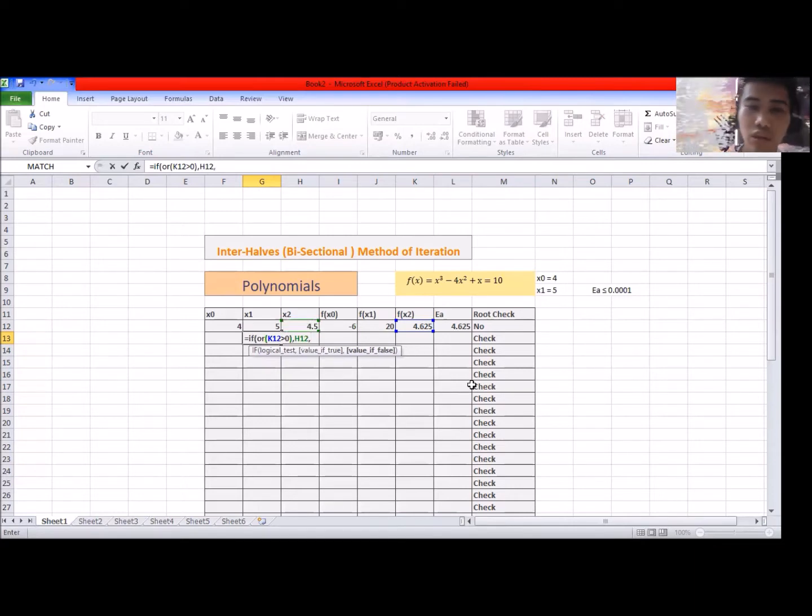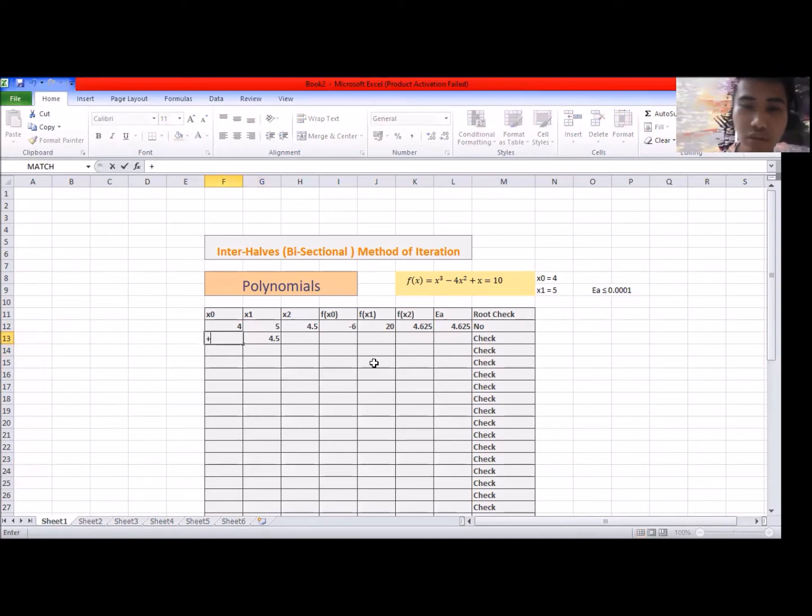If it was false, not greater than 0, then we write the previous value of x1.